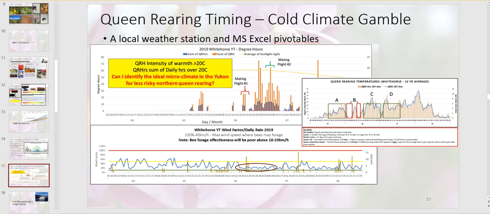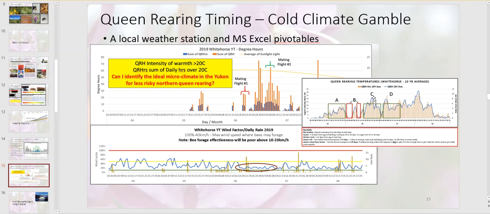And the last point I do with weather is get an idea of, I wanted to understand what are the best queen rearing periods. So I took 10 years of data for my area, and then I stacked it and then compared it to 20 degrees Celsius. And then you can clearly see early June for the last 10 years has been terrible.